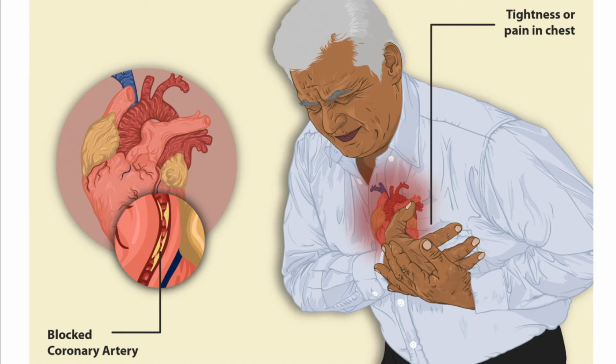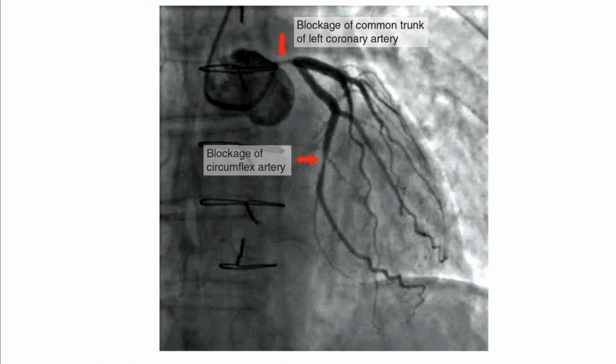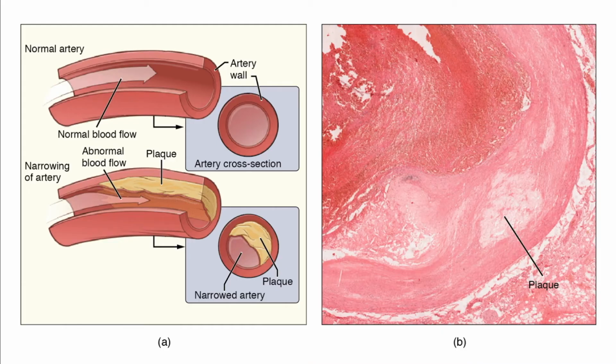Among the substances released by the platelets are adenosine diphosphate, or ADP, which helps additional platelets to adhere to the injury site, reinforcing and expanding the platelet plug. Serotonin, which maintains vasoconstriction.